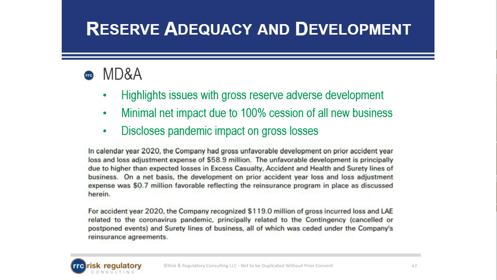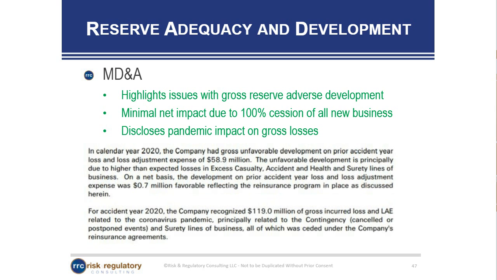So again, you look at the MD&A first because that really gives you a good starting point on reserving. And in this case, the MD&A highlights issues with the gross reserve development. The company had adverse gross reserve development of $58.9 million, which really calls into question the adequacy of the reserving practices and the conservativeness with which the company reserves.